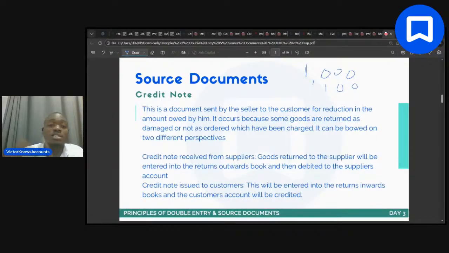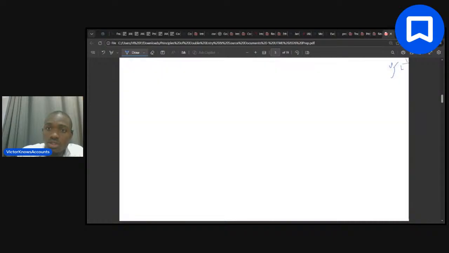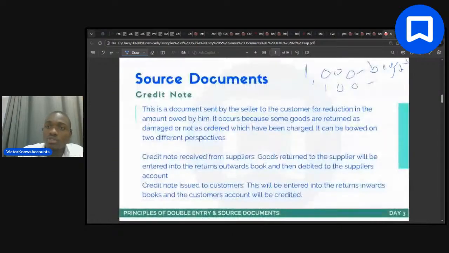Now you have returned 100 naira worth of the goods that you bought. It means that your indebtedness has now been reduced to what? Your indebtedness has been reduced to 900 naira.